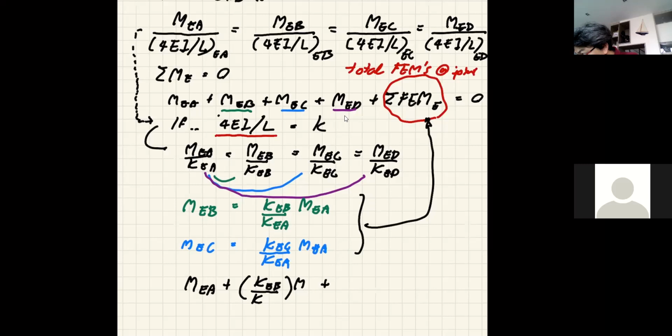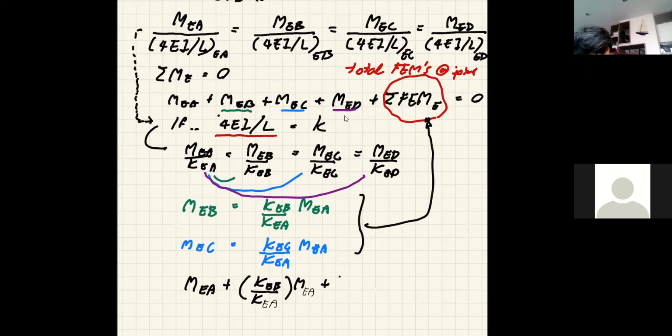Let me try again. Maybe I should reduce the size. MEA, okay, but it doesn't look very clear.